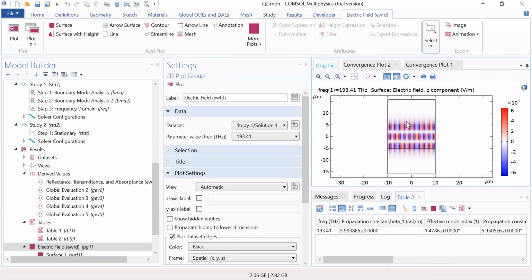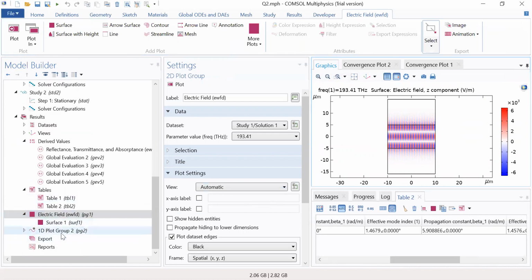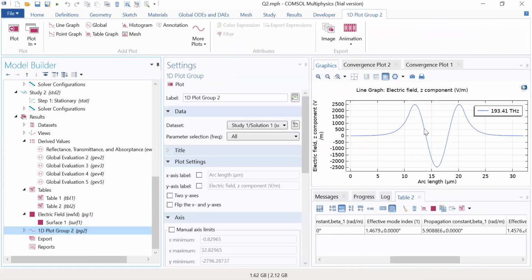Now you can see some energy is leaking out into this cladding region, which is expected, and you can also see the graph. Some slight energy is now getting involved in the cladding region.